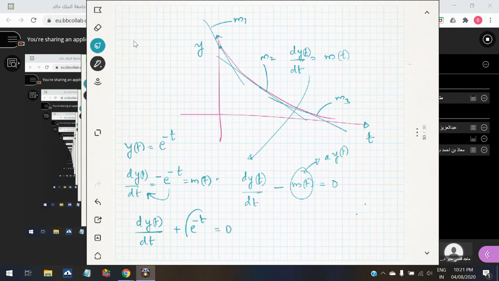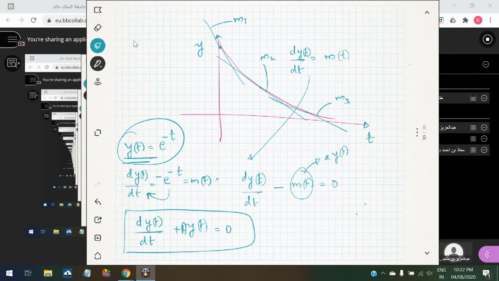And e power minus t is nothing but y(t), so I replace it with y(t). Sometimes some constant will come here, I am saying in general. So in general, a differential equation like this will have an exponential behavior. Understood? Yes, that's how it comes.